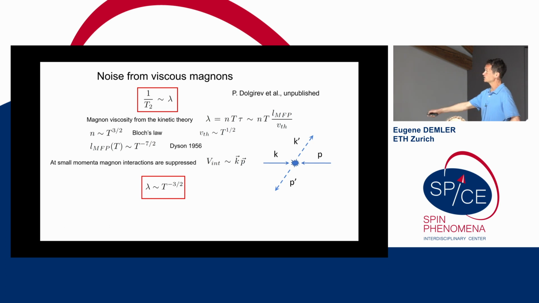We find, therefore, that viscosity, and therefore 1 over T2, instead of decreasing at lower temperature, should actually increase. And that is the signature of this anomalous hydrodynamics of magnons, which arises from the unusual character of scattering between them. And to my knowledge, this prediction of Dyson has not been experimentally verified so far.